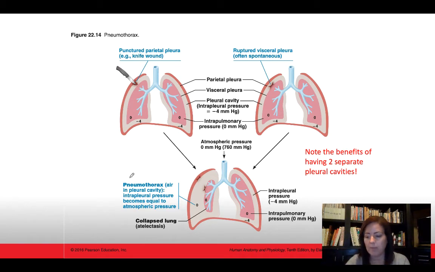Okay, so what happens when we create problems with that barrier or that intrapleural pressure?